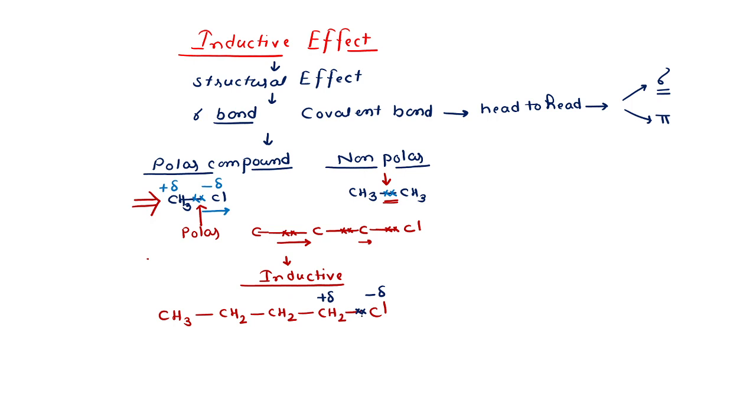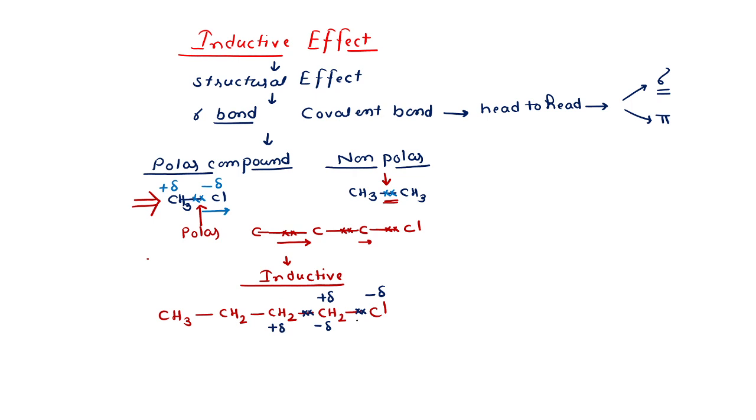Now this bond is polar. What is going to happen? These two are CH2, but now this electron pair is not remaining at the center. It is getting shifted towards CH2, not like Cl, less than this, but it is getting shifted towards this. So this will become negative delta and this will become positive delta.